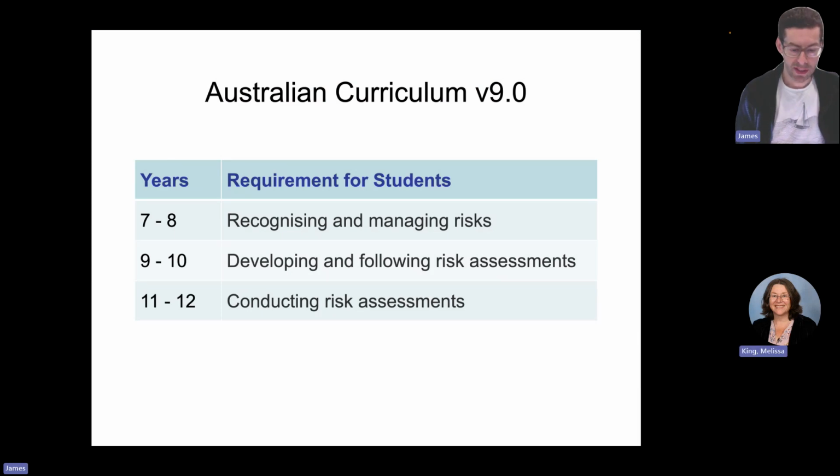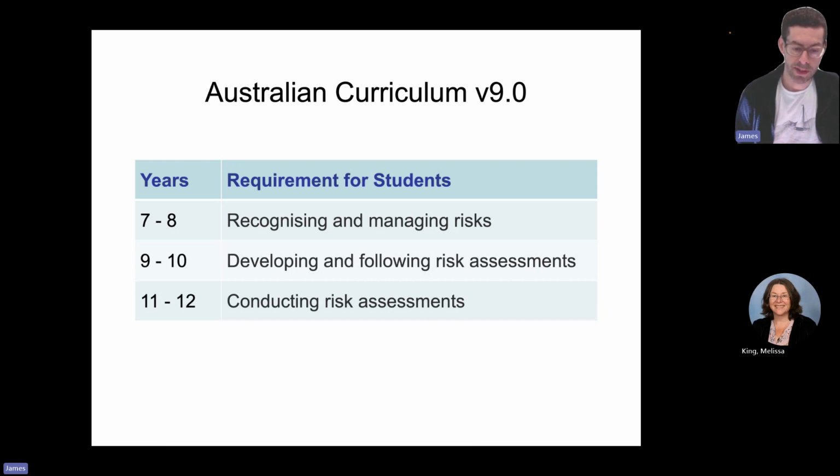Let's briefly talk about the Australian curriculum. It's been version 8 and now it's version 9, which is being adopted from 2023 in Tasmania. In version 8, it was pretty clear that students should do risk assessments hands-on, and this is even more explicit in version 9.